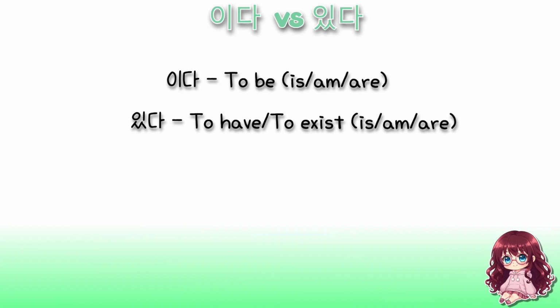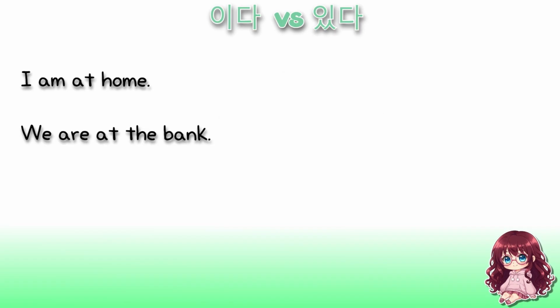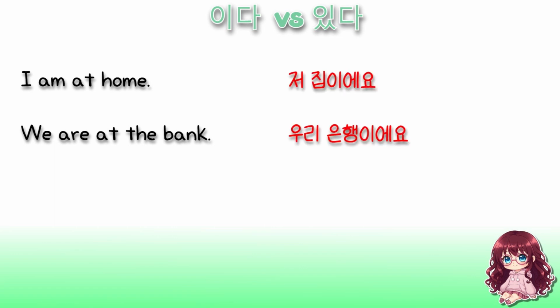있다 has the meaning of to exist. I know it's silly, but think of the phrase, I am at home, or we are at the bank. If you didn't know the usage of 있다, you might have tried to use ida to literally mean you are.